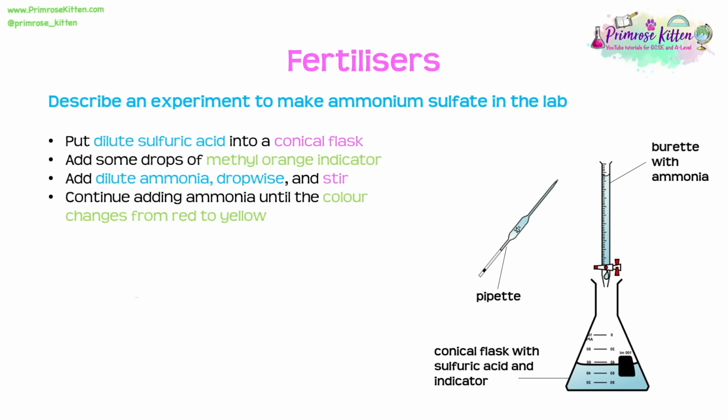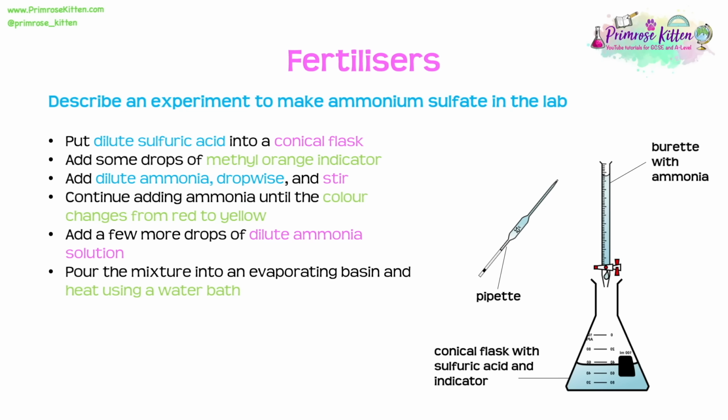We're going to continue adding ammonia until eventually we get a colour change from red to yellow. We're going to add a few more drops of dilute ammonia solution. This is to make sure that this has fully reacted, and we're not going to worry about there being an excess of ammonia because it will just evaporate off.